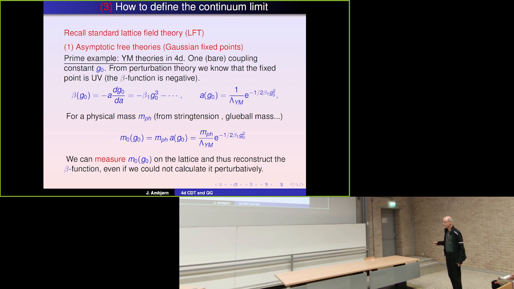This exists when the cutoff is going to 0, and because of this relation, we know exactly what we should measure if such a continuum mass exists. We should measure, as a function of G0, a behavior like this. And this is done on the lattice, and you can see this. It's beautiful. And of course, this formula is the famous dimensional transmutation, where the cutoff is exchanged for a non-perturbative scale, lambda Yang-Mills.